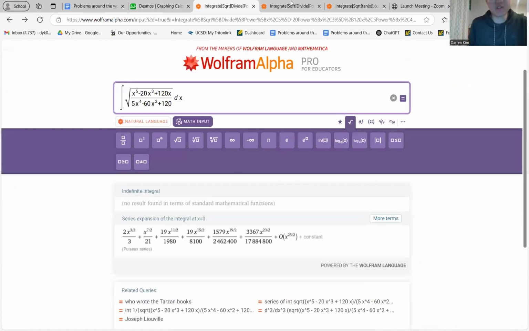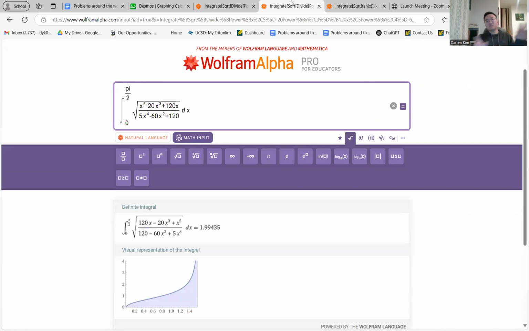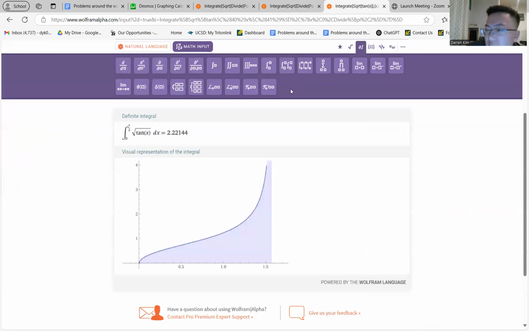Oh, yeah, because Wolfram Alpha uses numerical analysis. So this is a better error approximation to the Taylor series, obviously, whatever error order it is. So this is the actual answer.